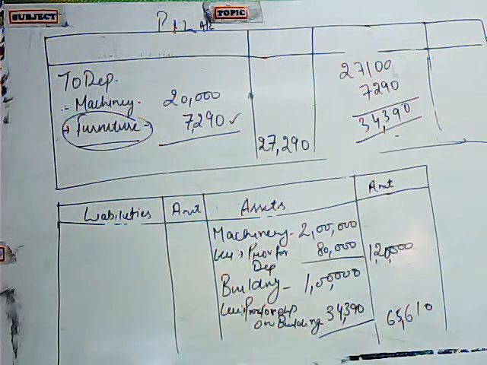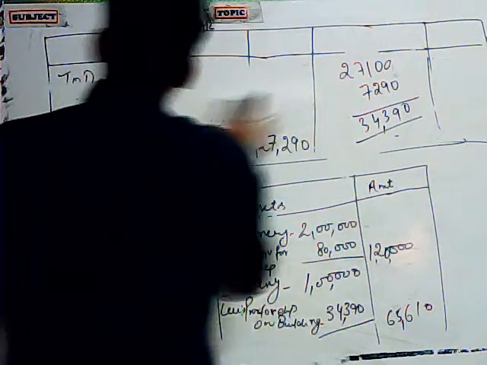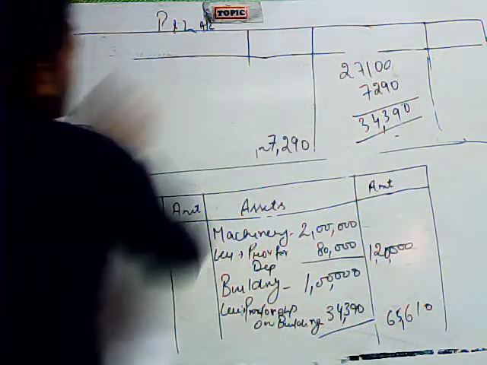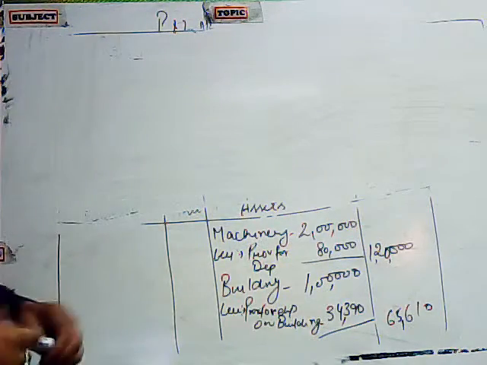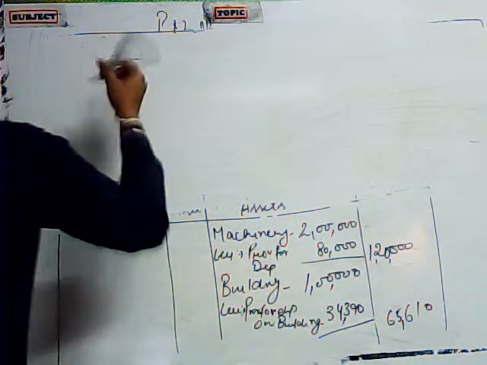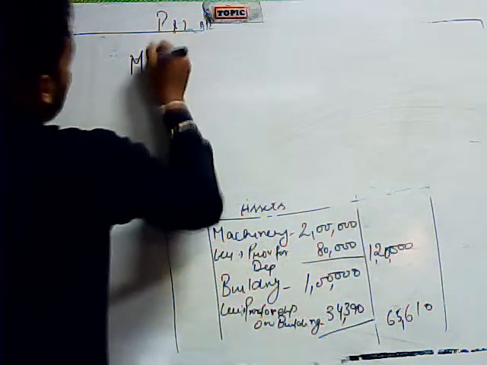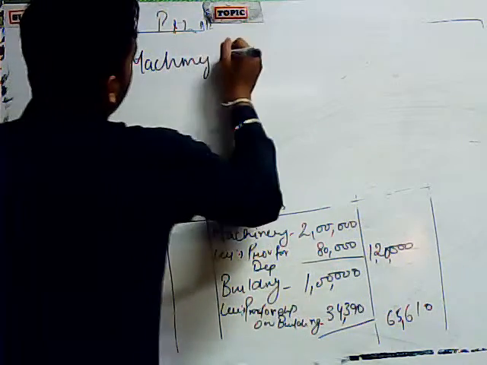Yes, Maniba, because for the machinery we have to follow the straight line method. Just check it. In your trial balance, the value of machinery is 2 lakh.